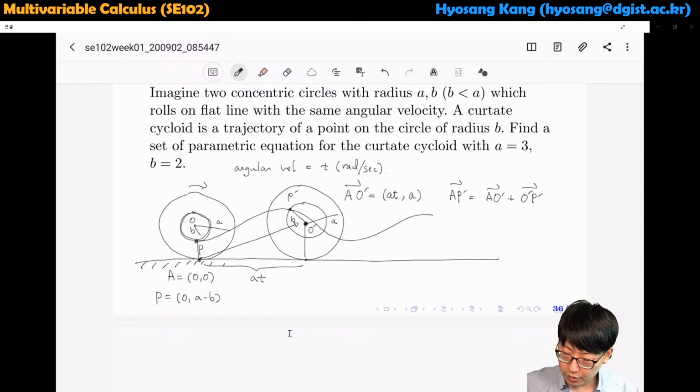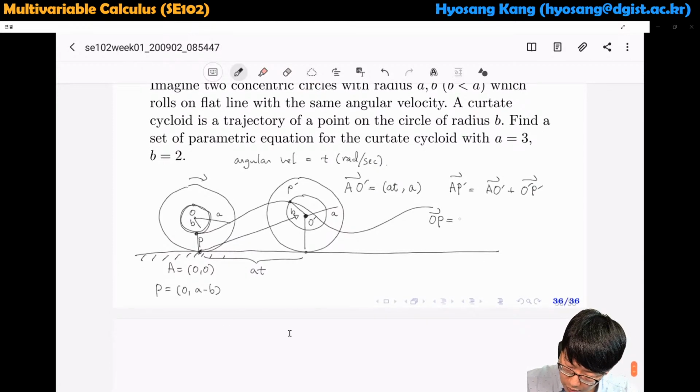How do you get the O prime P prime vector? Let's find out what happens to the inside circle. It rotates clockwise by t radians, right? When you rotate your angle from 0, you start from cosine of minus pi over 2, sine of minus pi over 2. P is originally at the bottom here.